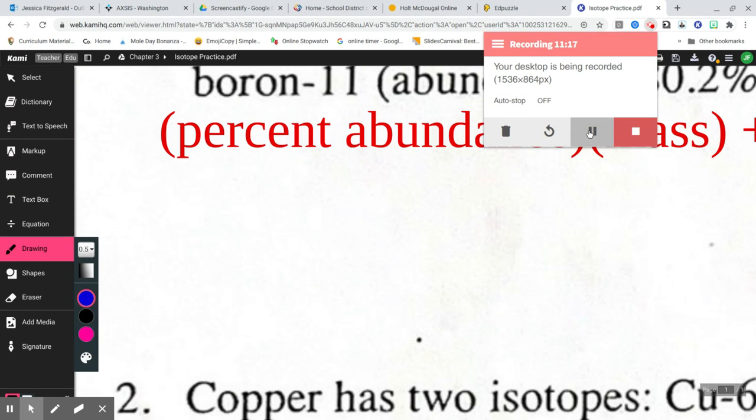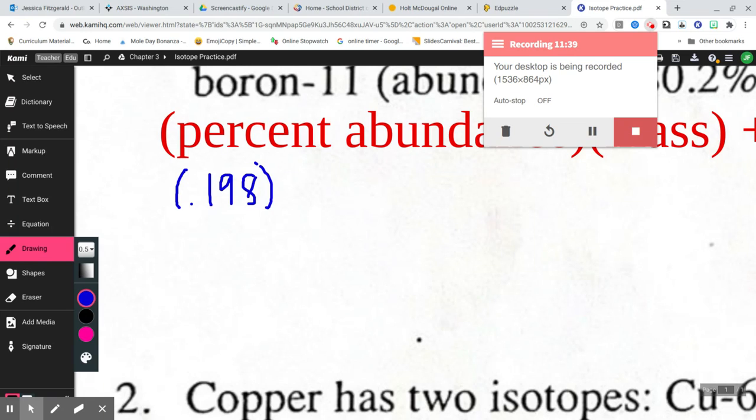So what we're going to do is change the percents back to decimals. We have boron 10, its abundance is 19.8%. So that just simply means change that to a decimal. So instead of 19.8, we're going to have 0.198.